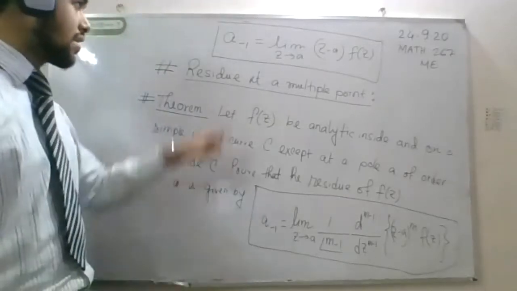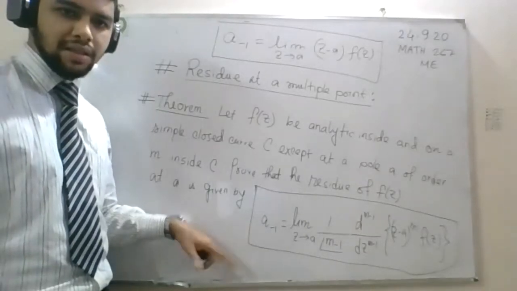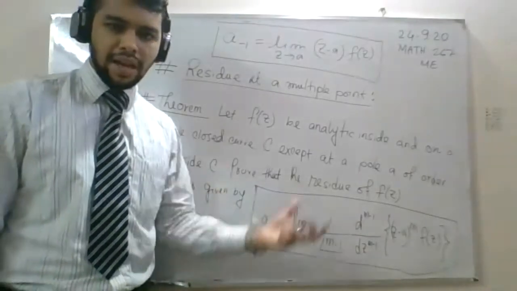Okay, so this is for a simple pole and this is for a multiple pole of order n. That means the double poles, triple and higher.